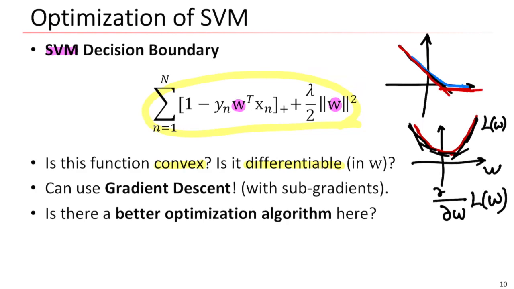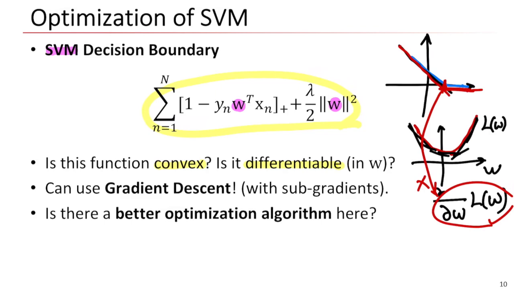But what about this point? This is not differentiable, so in this case we cannot get the derivative of this term at this point. So we can't use some techniques such as the normalization.